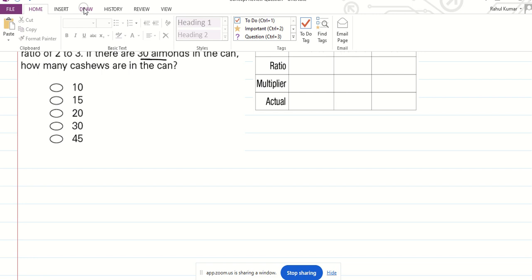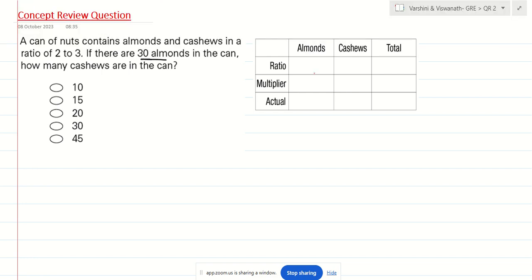So I can say, see here, drawing a box becomes easier for us. The ratio of almonds and cashews is 2:3. What is the total ratio? 5 parts. Also given 30 almonds in the can, so the actual value given here is 30.